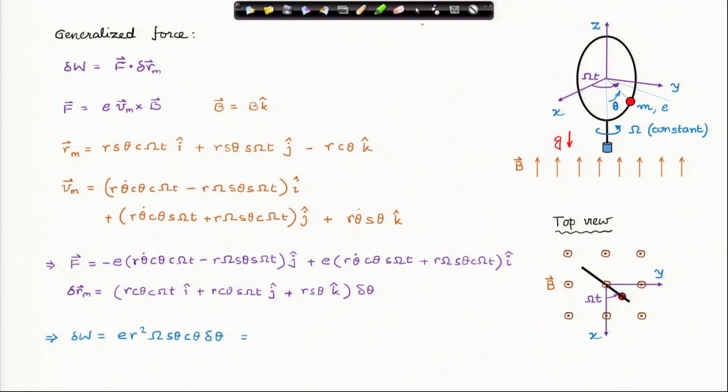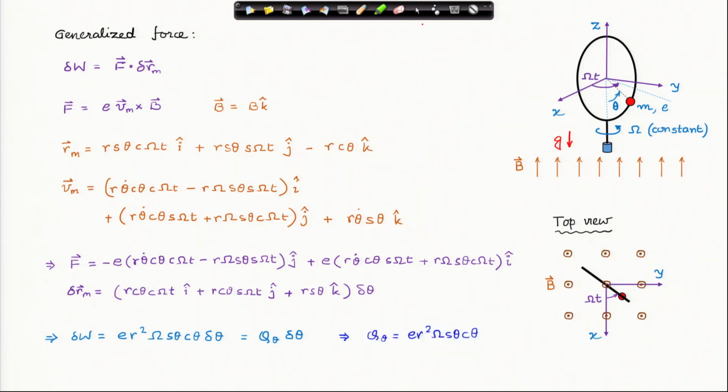Therefore, delta W, if you take the dot product of the force and delta R_m, turns out to be this simple expression, e r square capital Omega sin theta cosine theta delta theta, and this should be representable as some capital Q theta, the generalized force, times delta theta. Once again note the virtual displacement in the configuration space is an angular coordinate. Therefore, capital Q theta must have dimensions of moment of a force.